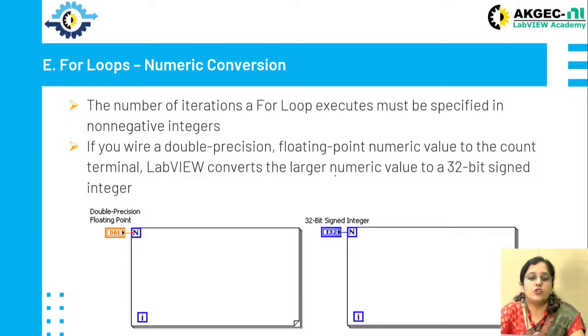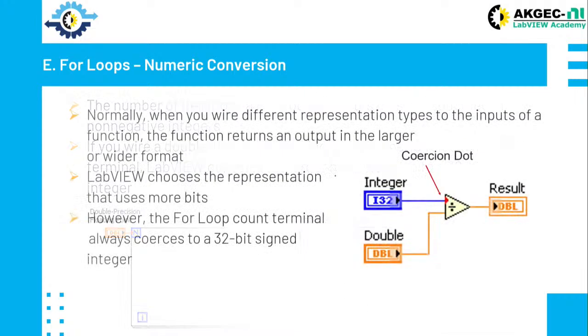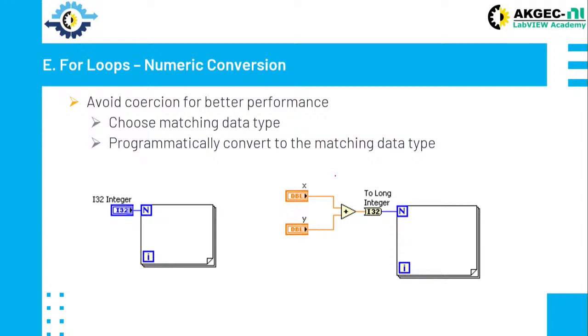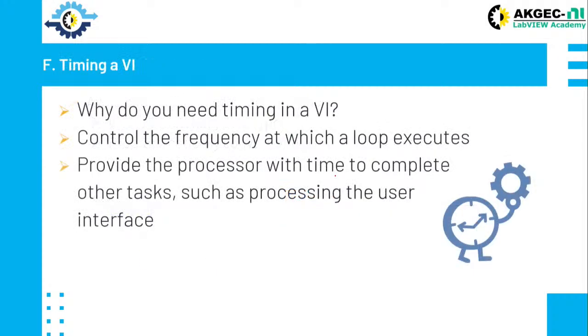In case of for loop, the number of iterations which we are going to use should be in integer form only. Otherwise it will be converted using a coercion method, and we have to avoid this practice, and we have to choose the proper matching data type while using for loop.